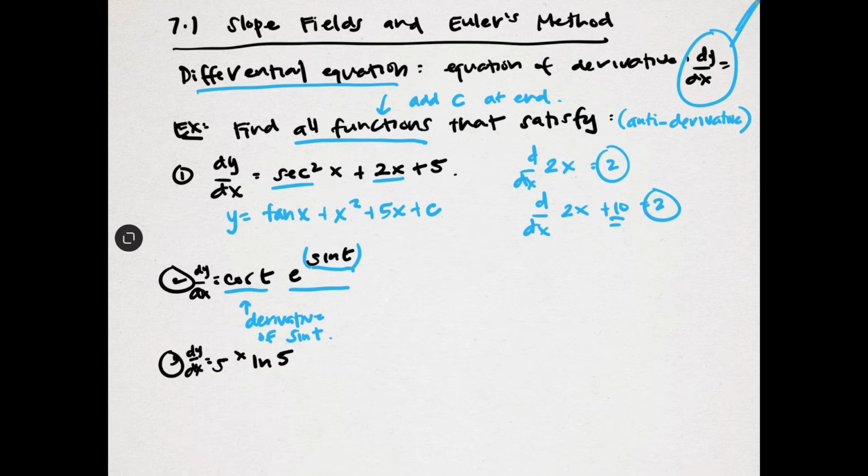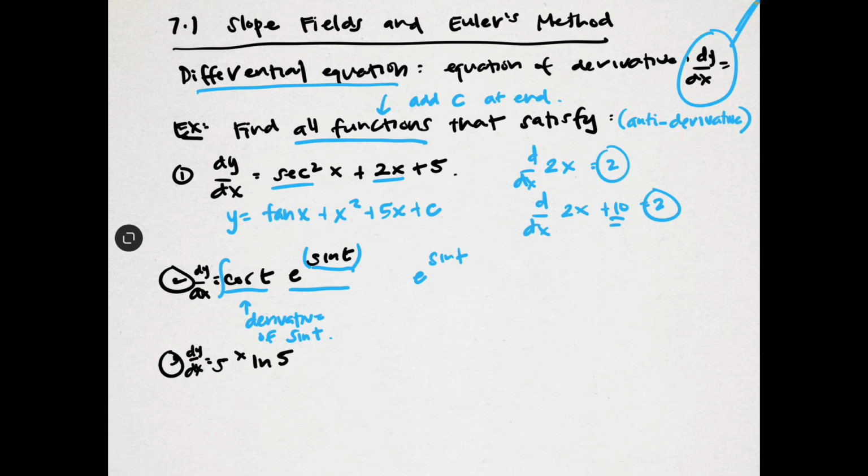So we're going to do the derivative of e's itself, right? The inside is going to stay the same, sine t. So the integral of cosine t, e to the sine t, is going to be e to the sine t.